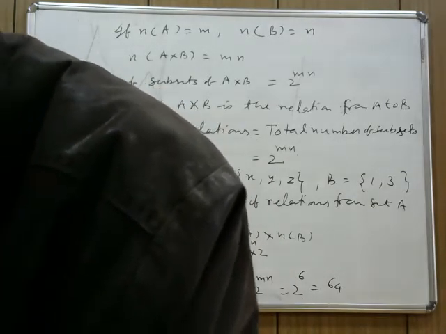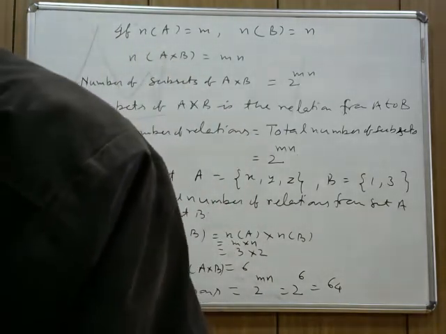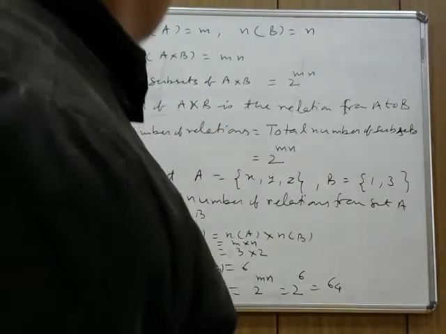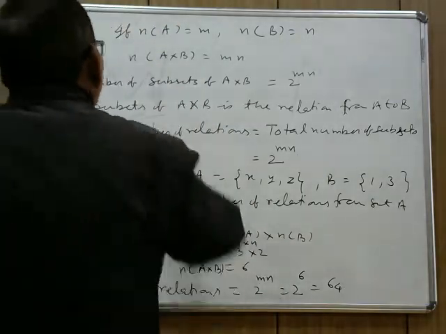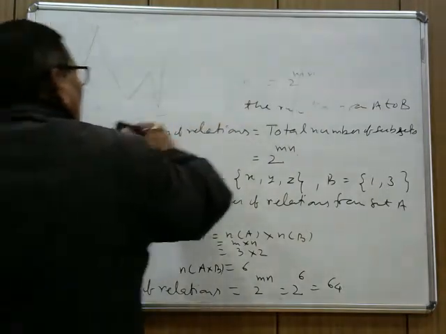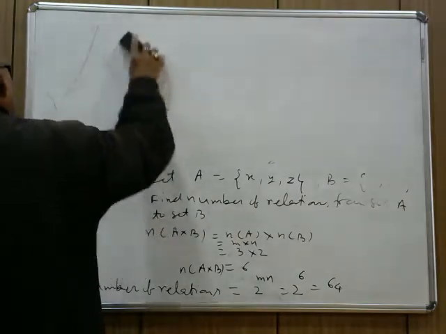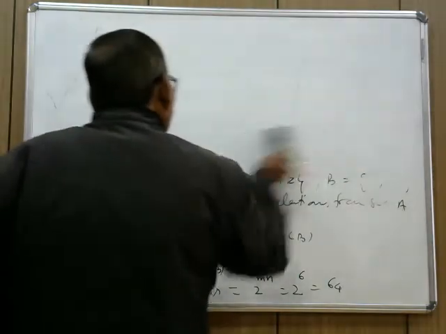Now I am going to define the domain and range of a relation and distinguish between the range and the codomain.